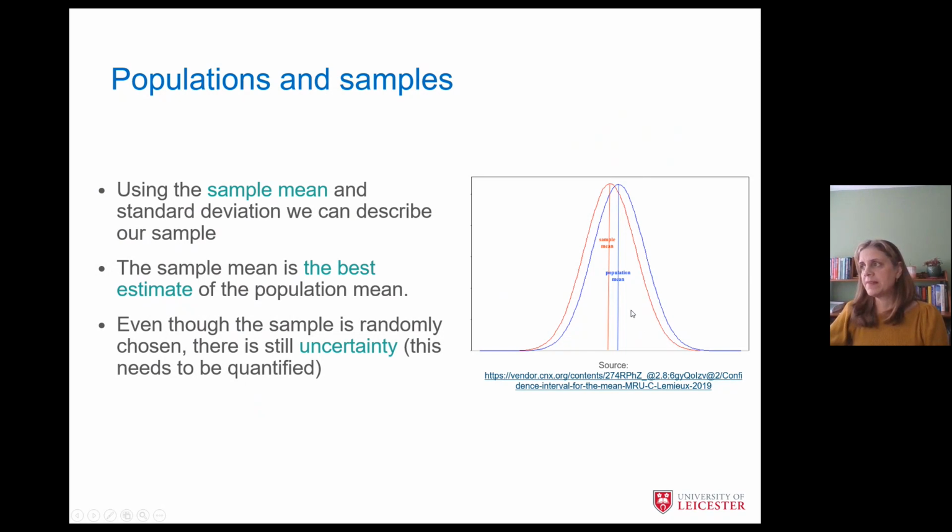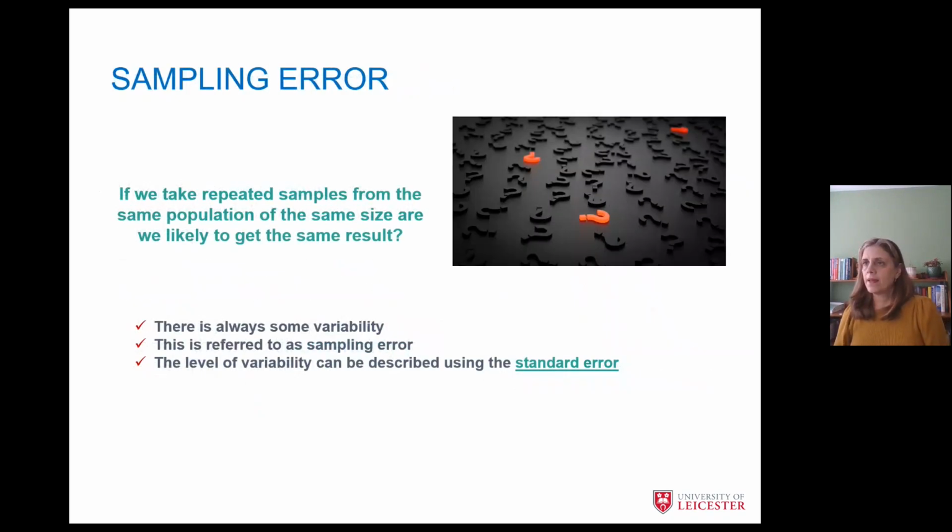You wouldn't expect that from a sample you'd get the exact results of what's happening in the population. And this is called sampling error. So you can imagine that if you took repeated samples from the same population and all these samples were the same size, you wouldn't be likely to get the same result every time, because every time you select a sample, you're selecting slightly different people.